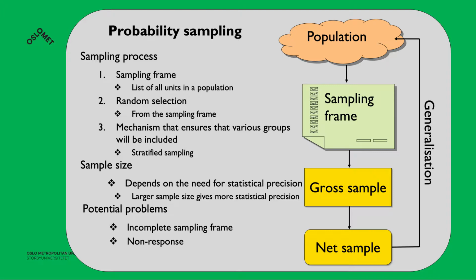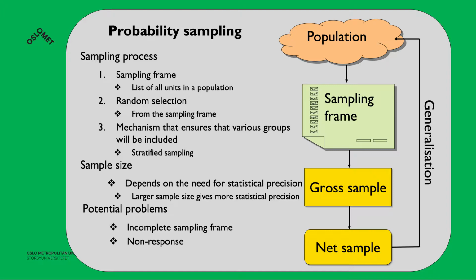Potential problems are incomplete sampling frames. We do not have a list of the whole population, so that might be a problem. And there is non-response, because when we draw a sample from the sampling frame, then we will end up with a gross sample. But if you call people, or you send a questionnaire to all in the gross sample, well, it might be people that you don't reach.